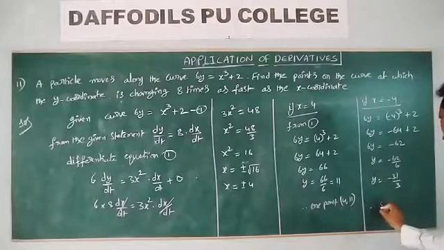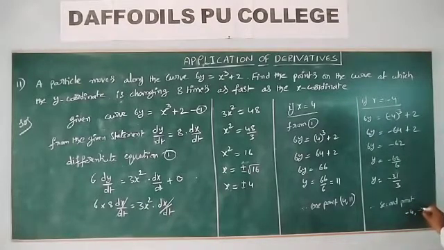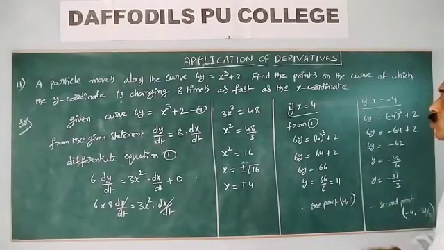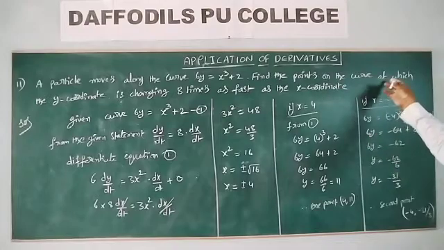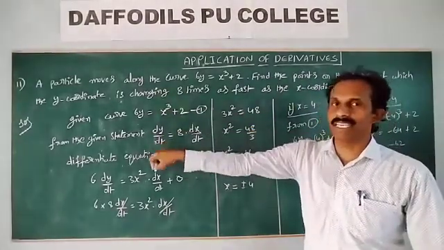Therefore the second point is minus 4 comma minus 31 by 3. So these are the points. A particle moves along the curve 6y is equal to x cube plus 2. Find the points on the curve at which y coordinate is changing.